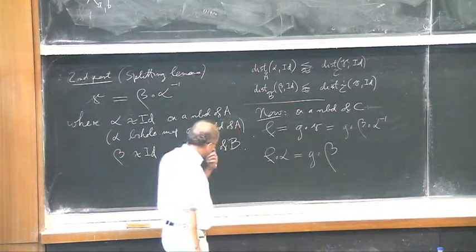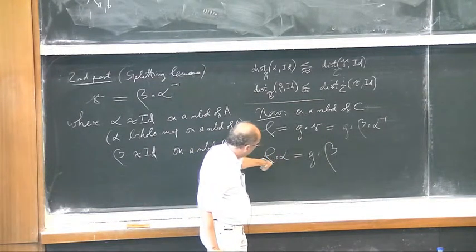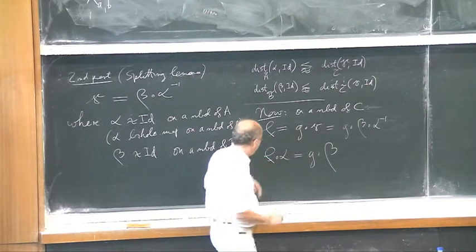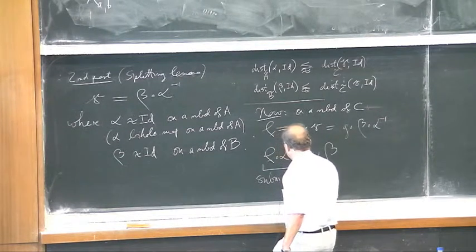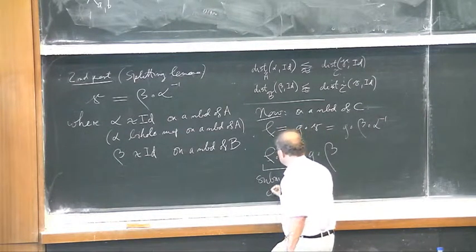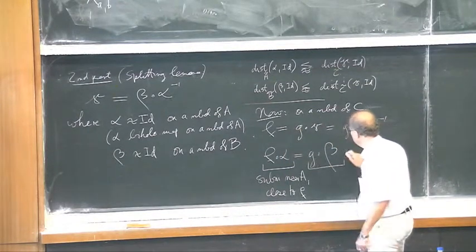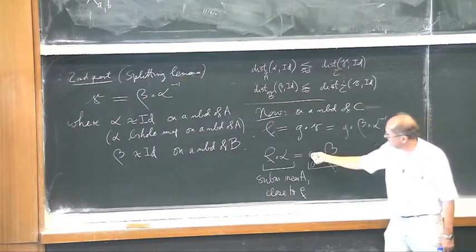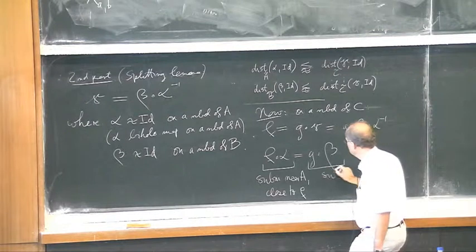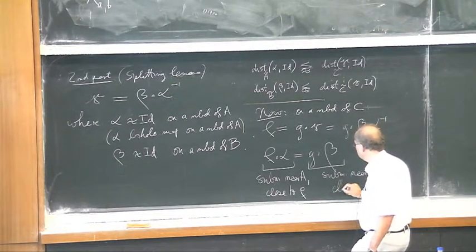And now we observe that this is a biholomorphism close to identity, and F is a submersion. So the result is still a submersion, which is close to F. So this is a submersion near A, and it's close to F. While this one is also, by the same reason, a submersion, since it's a biholomorphism composed with a submersion. So this is a submersion near B, and it's close to G.